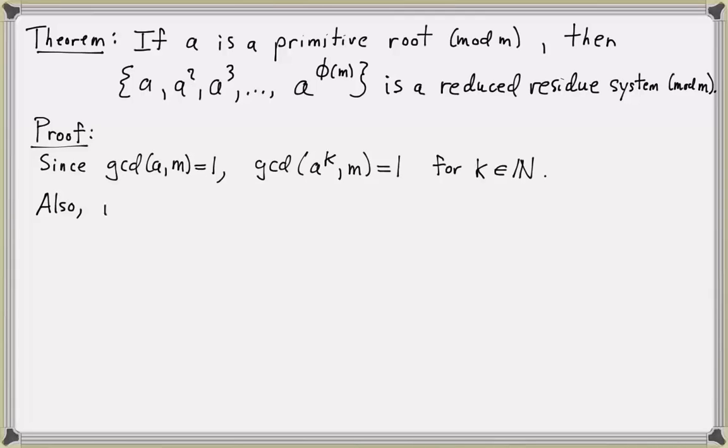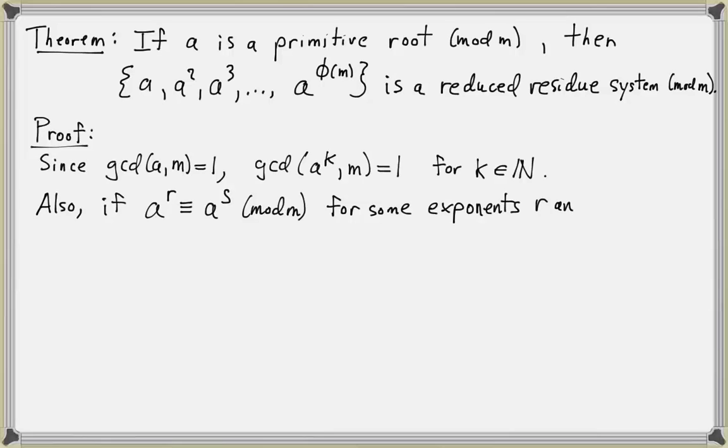Also, if a to the power r is congruent to a to the power s mod m for some exponents r and s, and we're going to assume that r is greater than 0 and less than or equal to s, which are both less than or equal to phi of m.